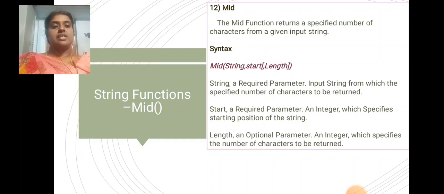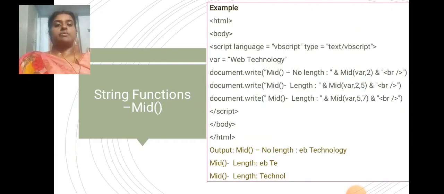String, start, length. String is the variable from which you want to retrieve some characters. Next comes start. Start is the position from where you would like to start your extraction. And length is the number of characters you want to be returned. It is an optional one.